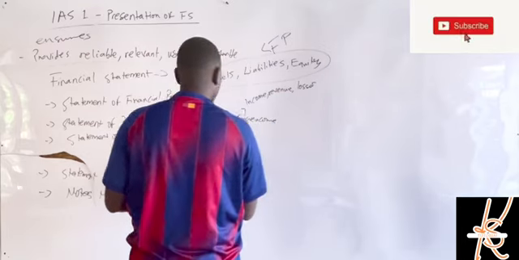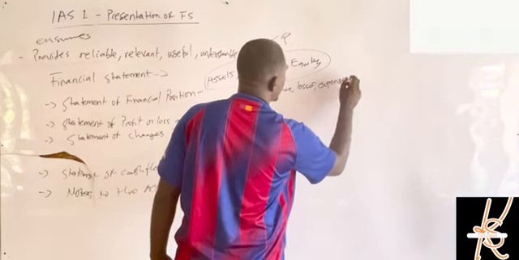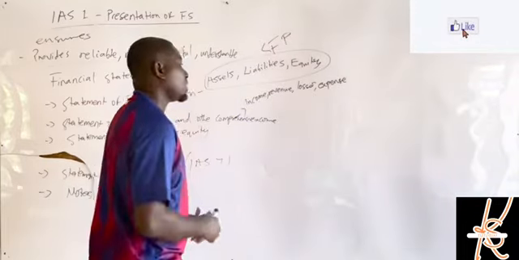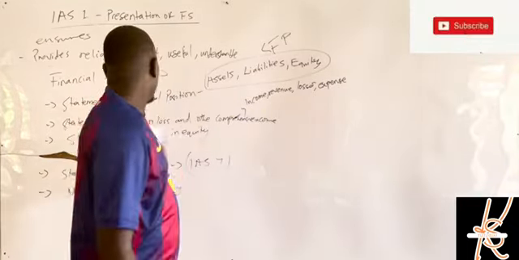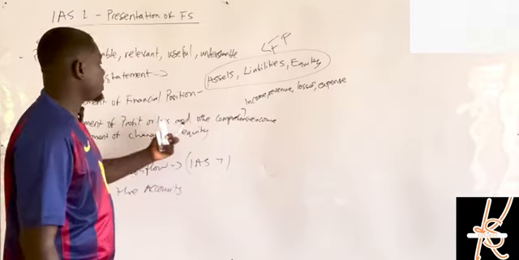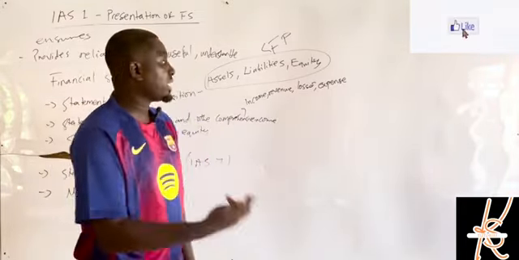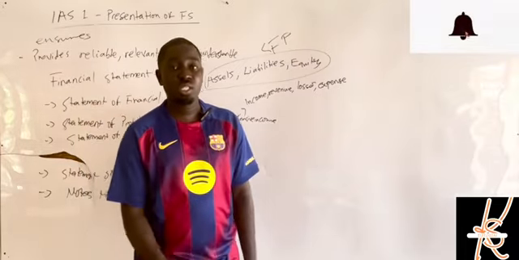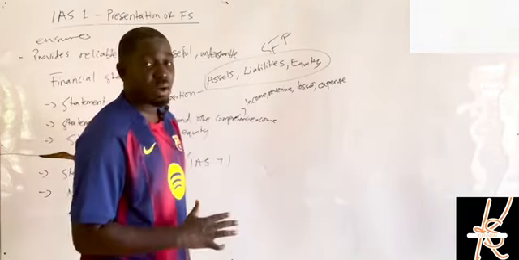Those are the things you are going to see here, or expenses. Do we get it? So those are the things you are going to see here in the statement of profit and loss and other comprehensive income. So you are going to see more of income, revenues, losses, and expenses. Those are the things you are going to see on the face of the profit and loss account. Do we get that one too?